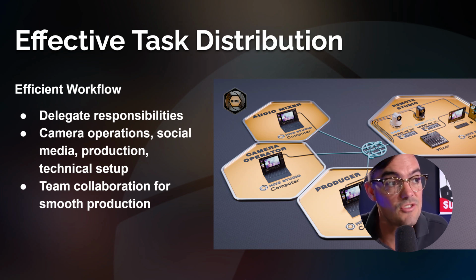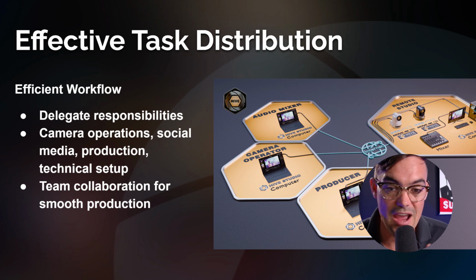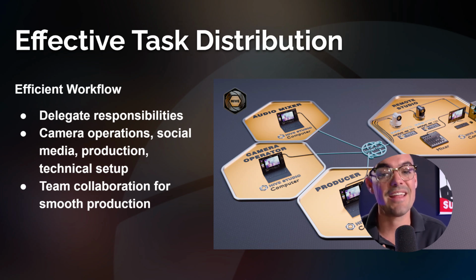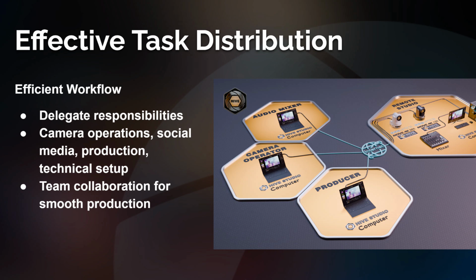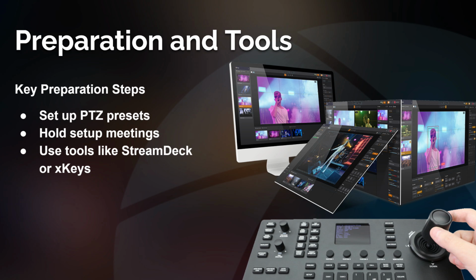The production, the switching, and the technical setup might all be different people. And the great thing about remote production is you can bring these people in and they don't have to actually come on site and fly in. You can have a remote camera operator, you can have a remote audio mixer, and you can have remote teams collaborating in a single production.